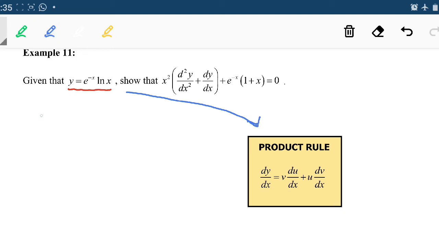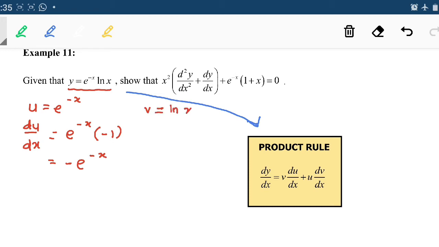So u is equal to e power of negative x, du over dx is equal to e power of negative x times negative 1, which is negative e power of negative x. v is equal to ln x, so our dv over dx is equal to 1 over x. Next, we substitute our u, du dx, v and dv dx into the product rule formula.